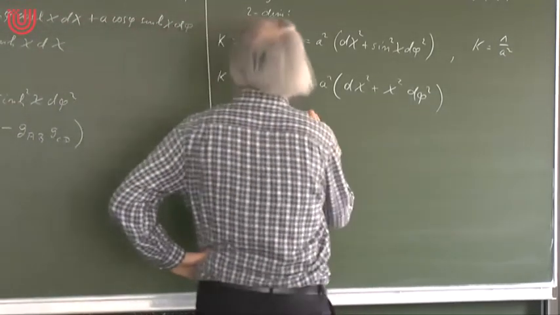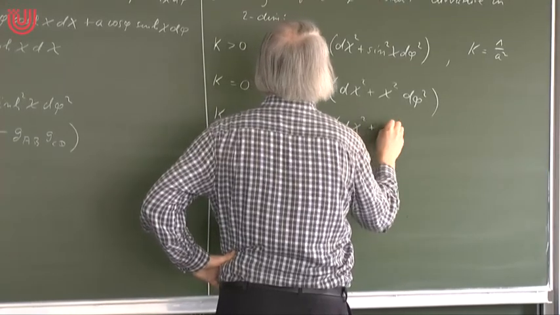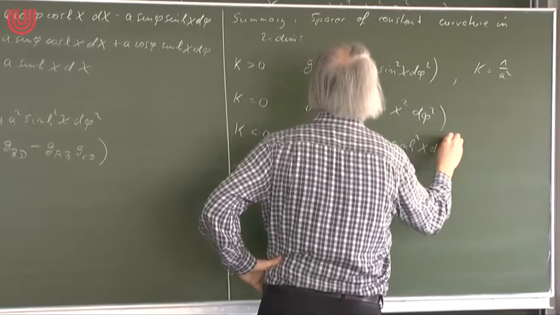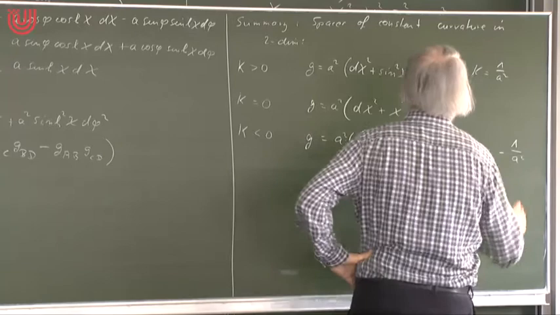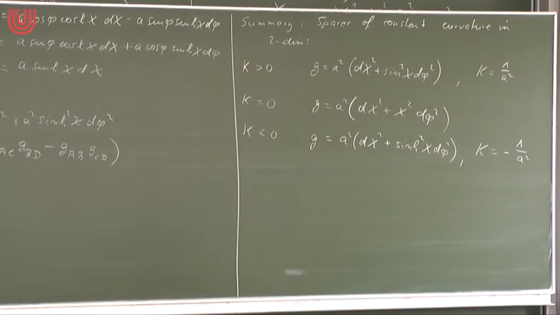And for the hyperbolic case, it's this here. And here k is minus 1 over a squared. So these are the spaces of constant curvature.